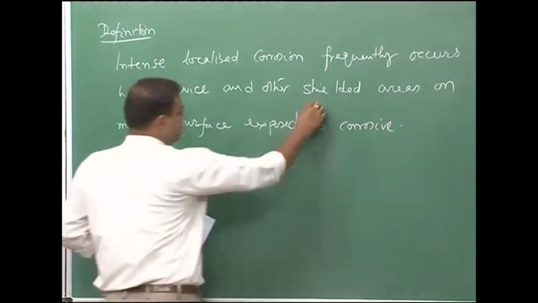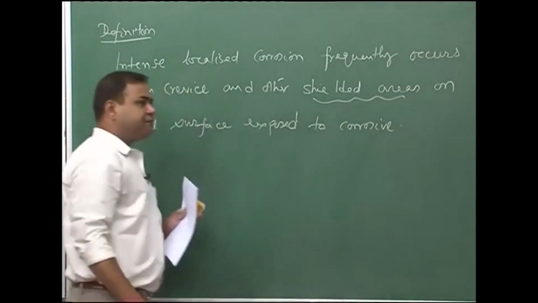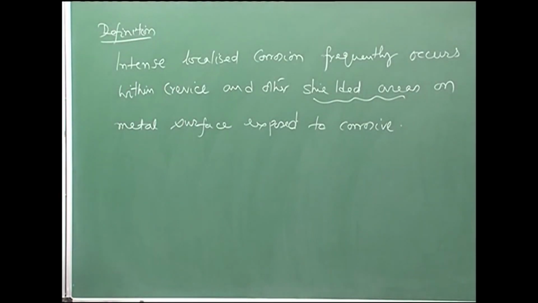And this shielded area means we have a stagnant liquid there. So, this is the definition of crevice corrosion.